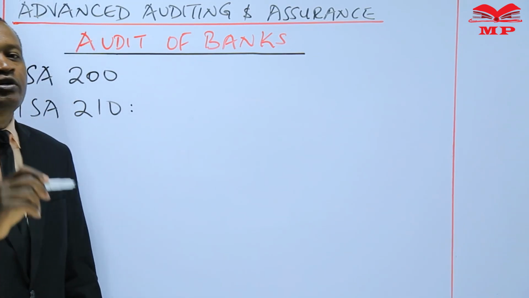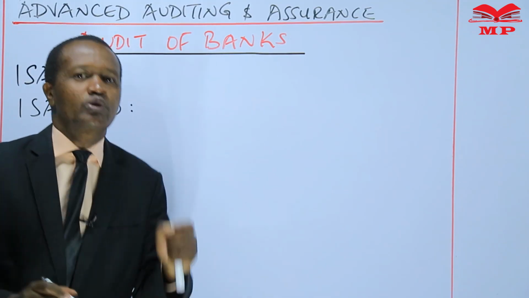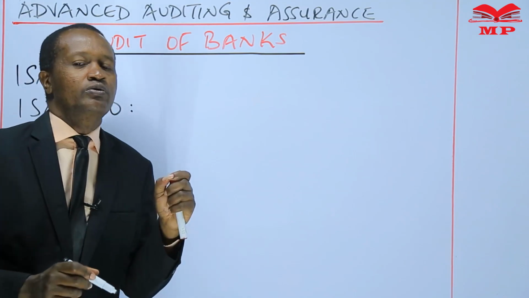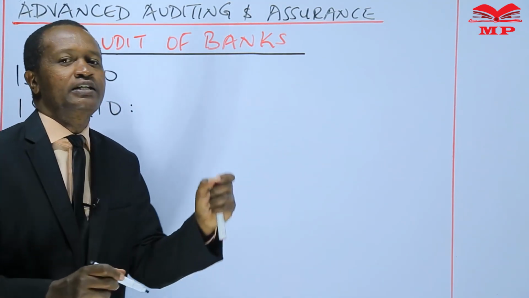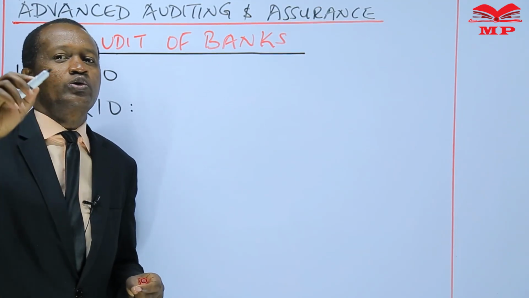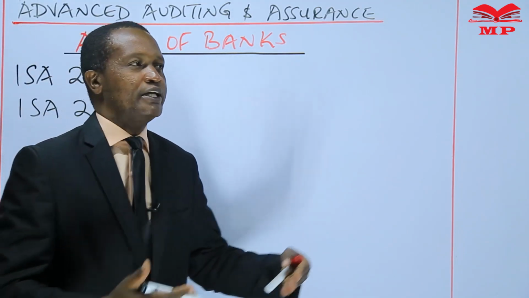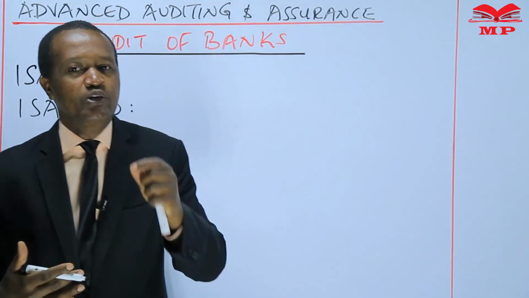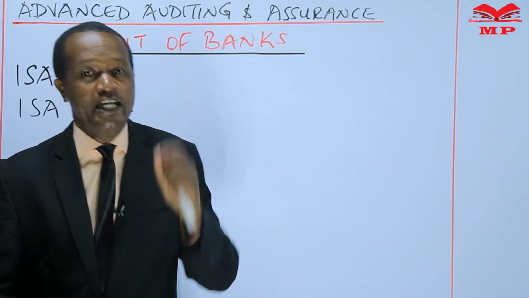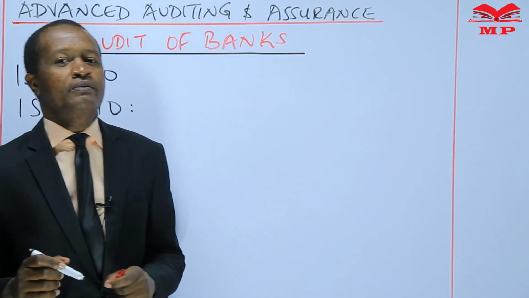The objective of the audit of a bank's financial statements, therefore, should be conducted in accordance with the international standards on auditing. And it is to enable the auditor to express an opinion on the bank's financial statements, which are prepared in accordance with the applicable financial reporting framework.